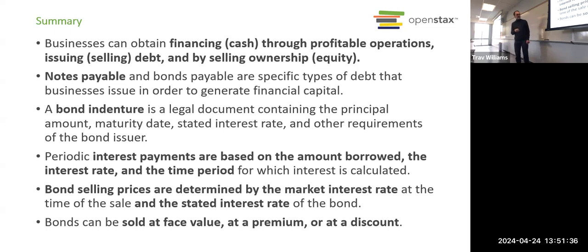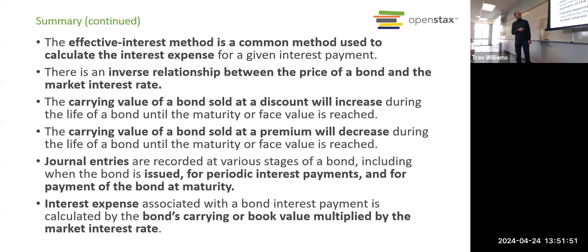What else? We can sell bonds at a face value, which is par, at a premium if we offer a better interest rate than the market, or at a discount if the market has a better interest rate than we do. We can use the effective interest method, that's the complicated one, right? Or we could use the straight line method as well, which is the simple one.